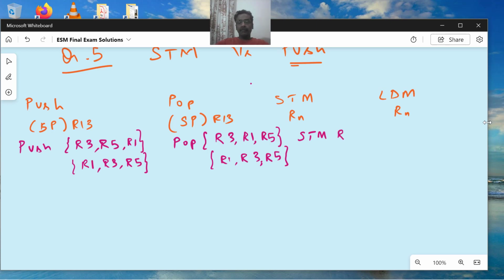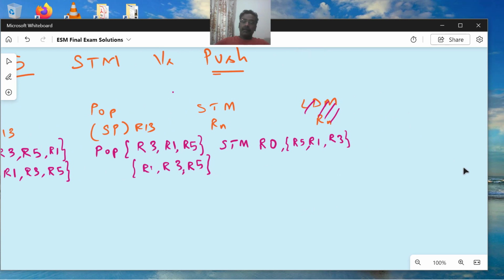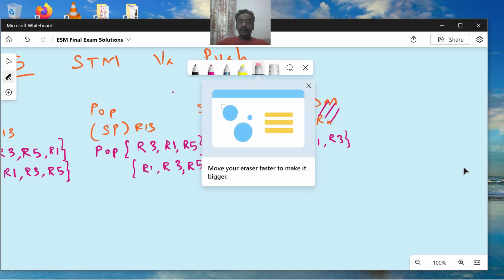So in our case, let us take R0 as the register holding the base address, and then I give a set of registers. Let me give R5 and the same set of registers, just in a different order. So STM has gone into my area of LDM, so let us move over here.